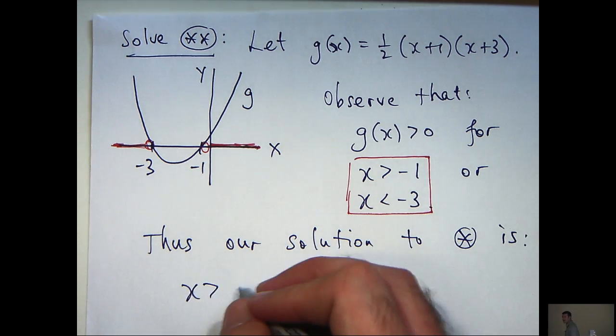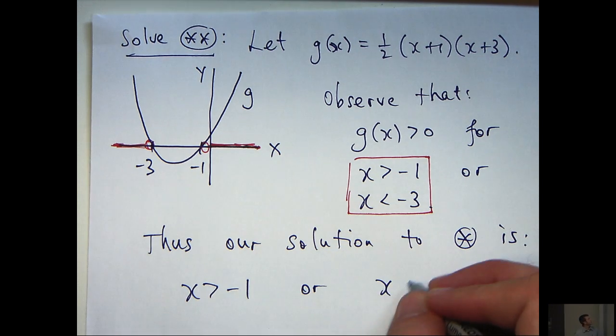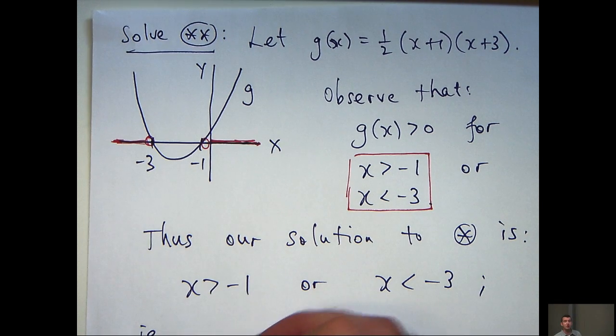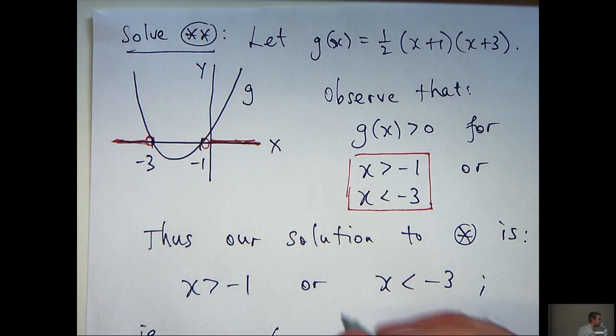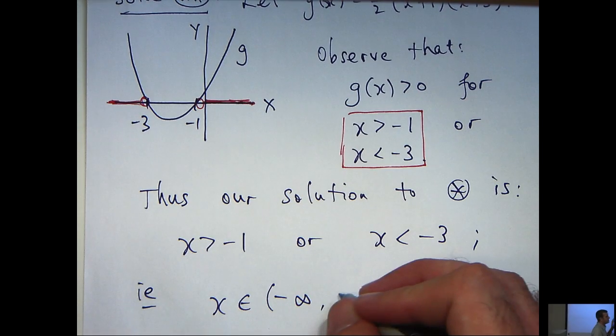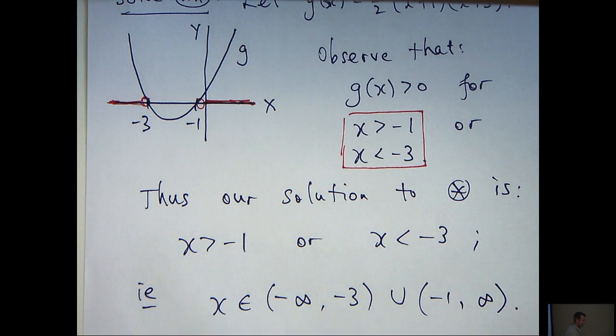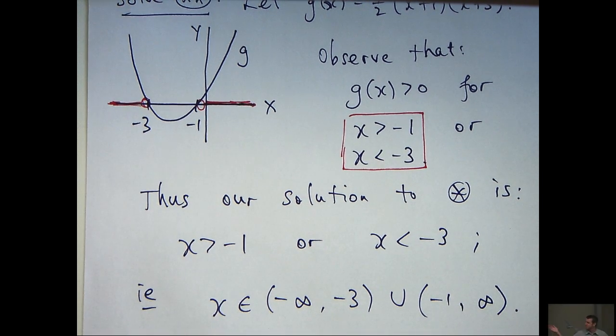Okay, so x is strictly greater than -1, or x is strictly less than -3, or equivalently, in interval notation, we could write the solution like this. Okay, so just to recap, we manipulated the original difficult inequality to form a simpler inequality. Then we solved that simpler inequality, in this case, graphically.